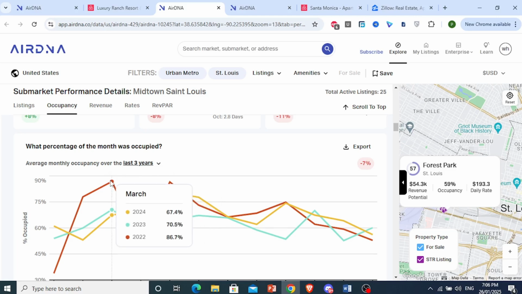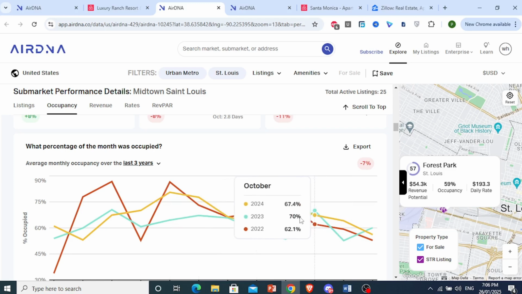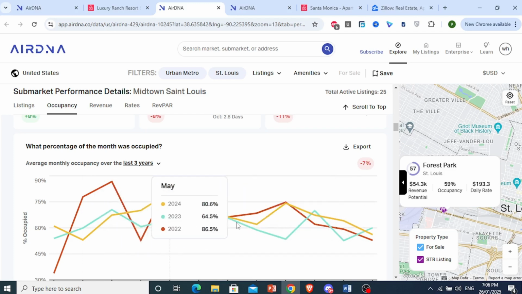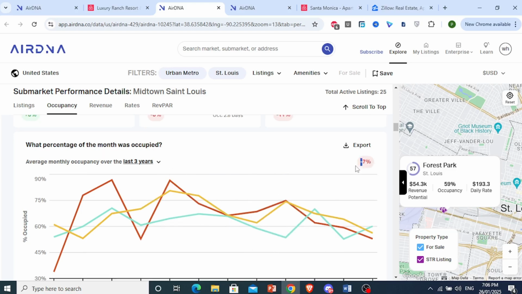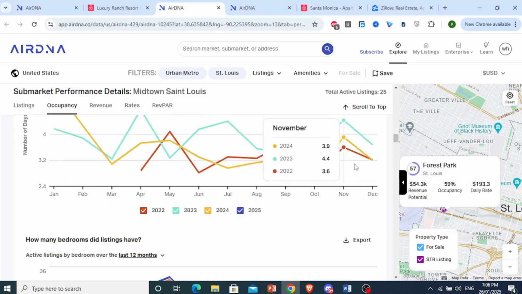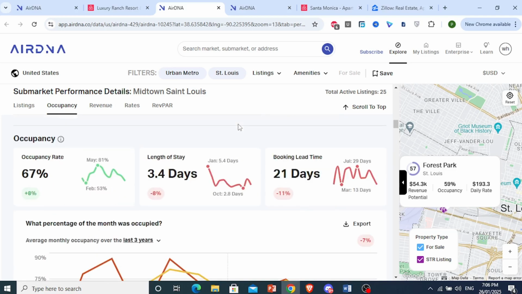So in certain months, for example March and then May, these are some peaks they have, right? And you can also see some months where things have been a little bit low, but over the last 3 years, it has decreased by 7%, and the average length that people have stayed has reduced by 13%, right?